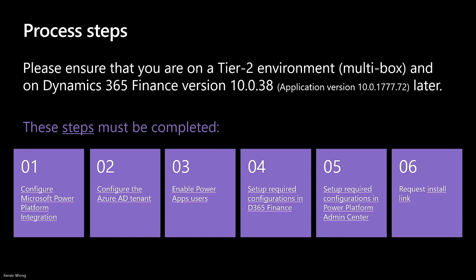The second step is around configuring the tenant and enabling the Power Apps users, just to ensure that all of these users are enabled. All of these steps are required for validation, mainly without requiring any specific actions at preview. With GA, we are going to remove some of these steps from our documentation.